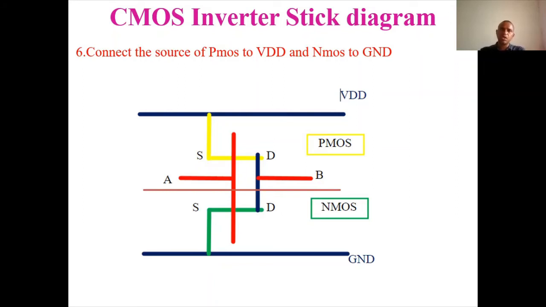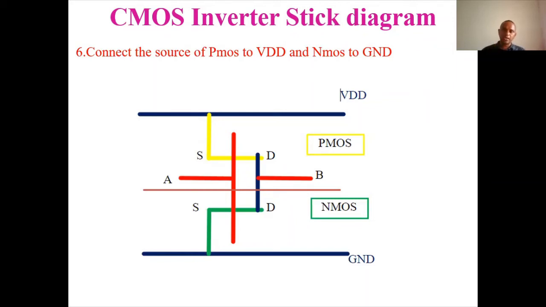Sixth step. I have extended this source to VDD and this source to ground. But is there any connection between them? There is no connection, because whenever two different materials cross each other, no electrical contact is formed.